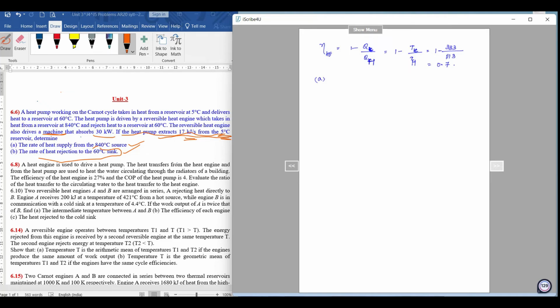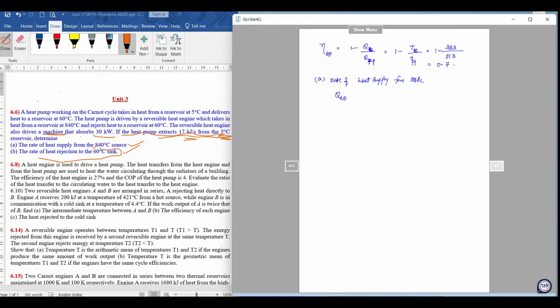Now coming to the question, the A part of the question is asking the rate of heat supply from the 840 degrees centigrade source. What is the rate of heat supply from 840 degrees centigrade? That is nothing but your Q1, or QH of E according to our notation.